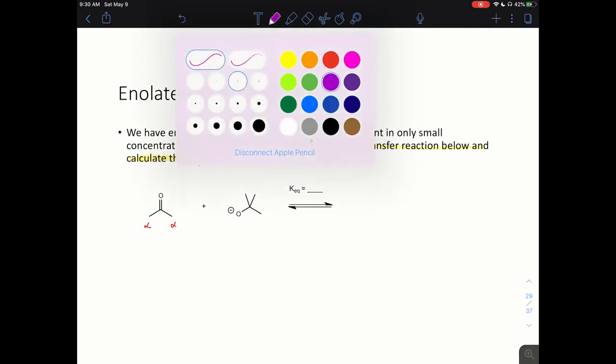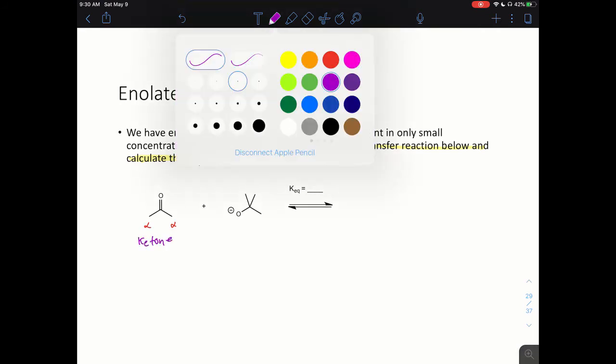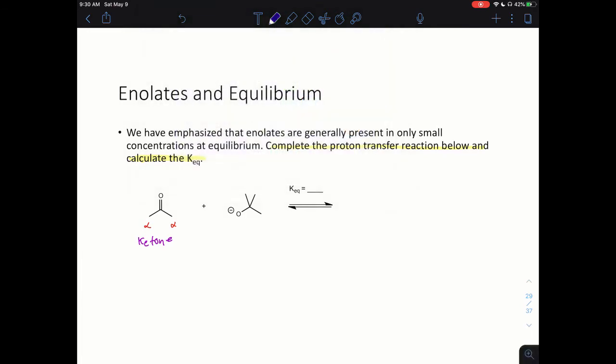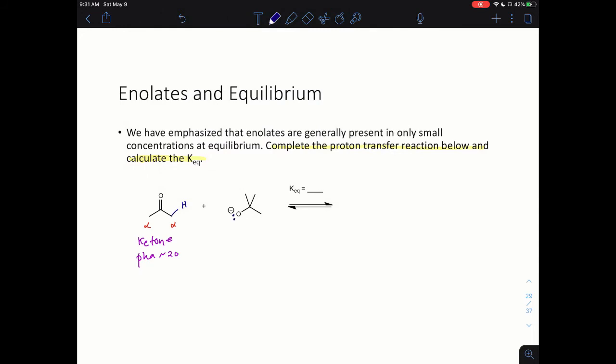All right, we have acetone here, which is a symmetrical ketone. The alpha carbons are exactly the same. The alpha carbon is the acidic position for a ketone. We know that the pKa is going to be about 20. Why? Because you have memorized it. It was not on our original list of pKas you memorized, but after today, it is.